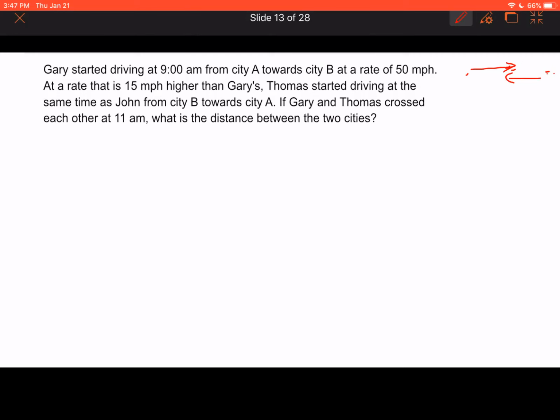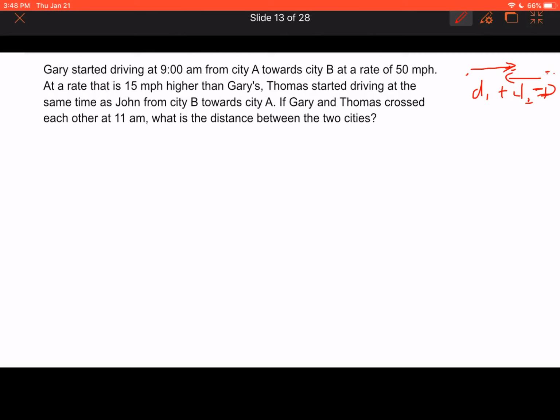In such problems, the distance traveled by one person and the distance traveled by the other person, if added, is going to be the total distance between these two places.